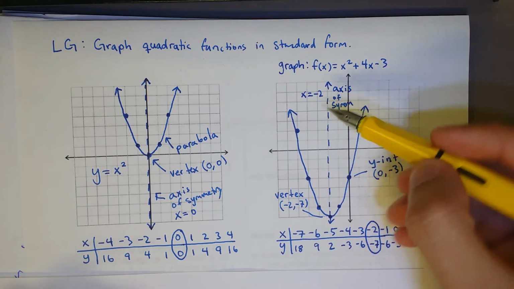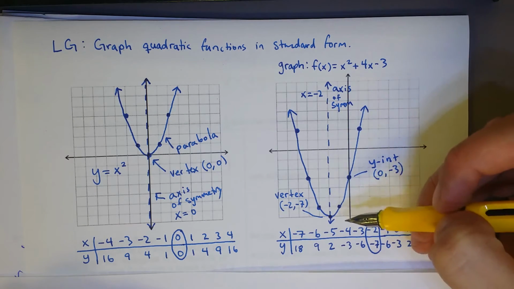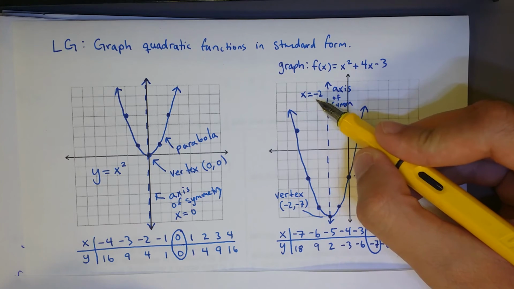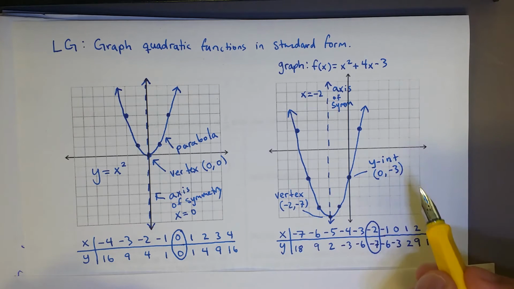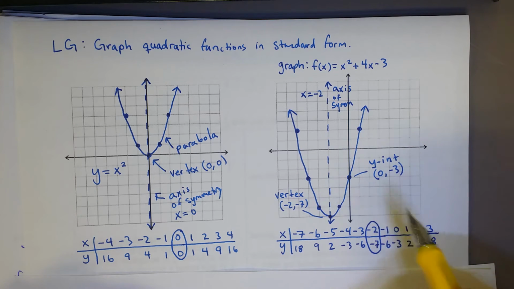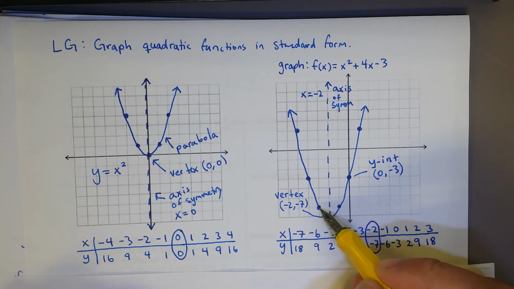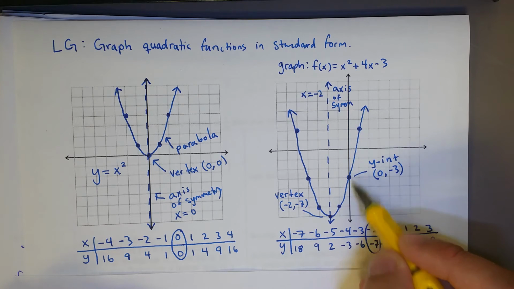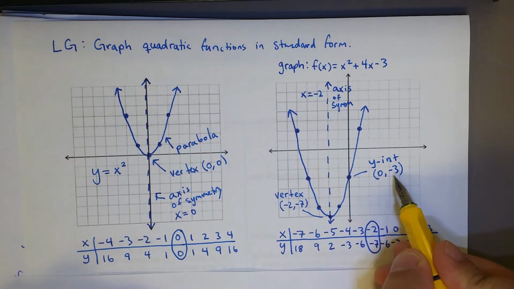The axis of symmetry should be a vertical line that runs through the vertex, and its equation is x equals -2. And the y-intercept, hopefully you remembered this concept from your previous classes, is the point where our curve intersects the y-axis, and this point is (0, -3).